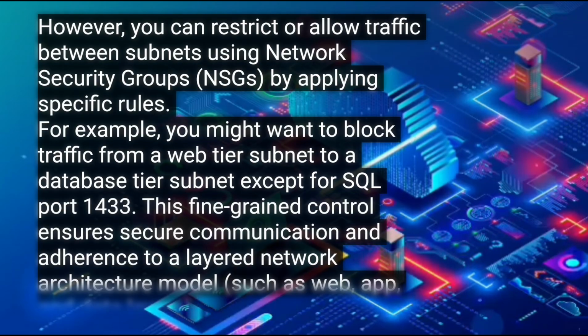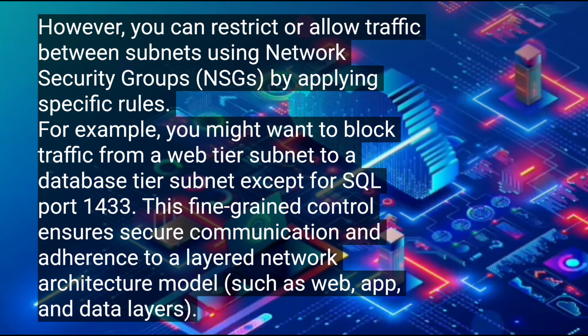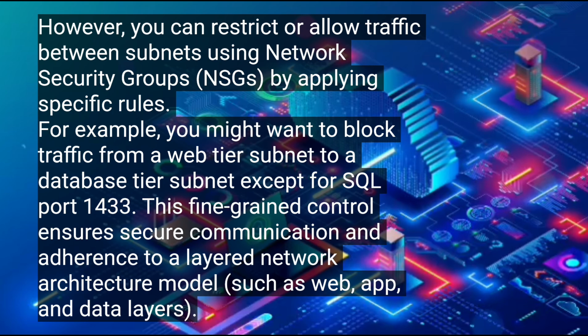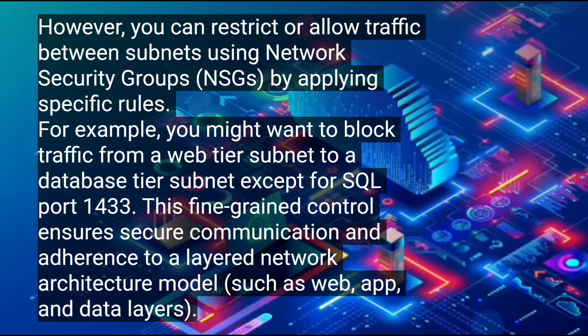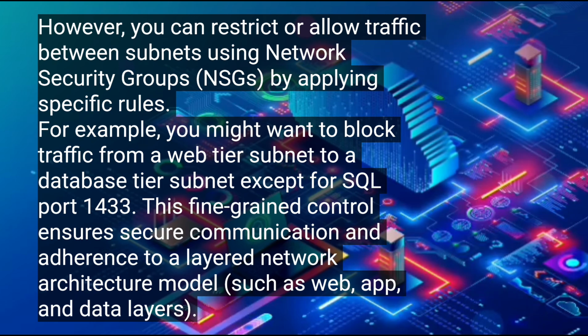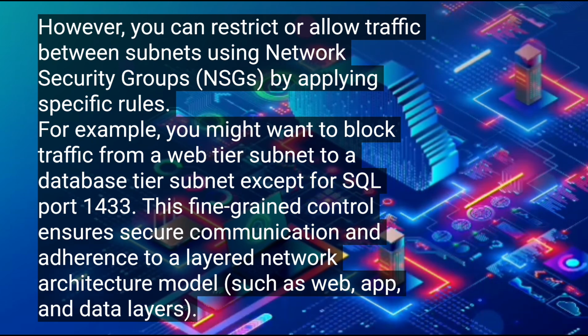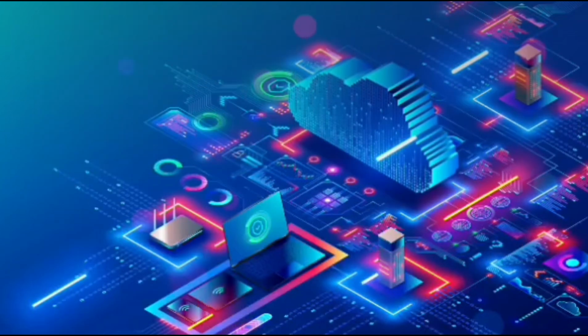However, you can restrict or allow traffic between subnets using network security groups, NSGs, by applying specific rules. For example, you might want to block traffic from a web tier subnet to a database tier subnet except for SQL port 1433. This fine-grained control ensures secure communication and adherence to a layered network architecture model, such as web, app, and data layers.